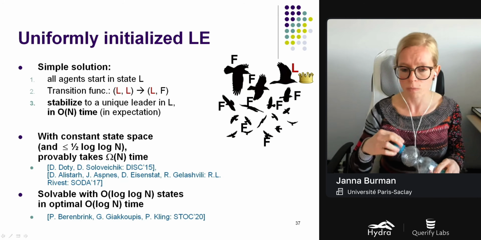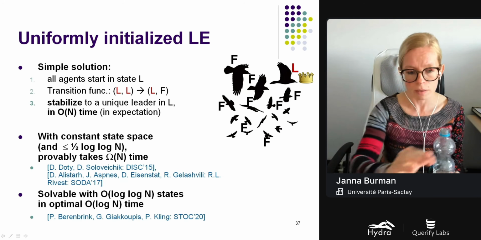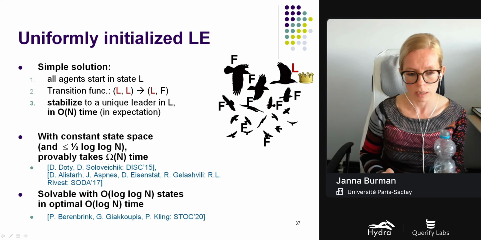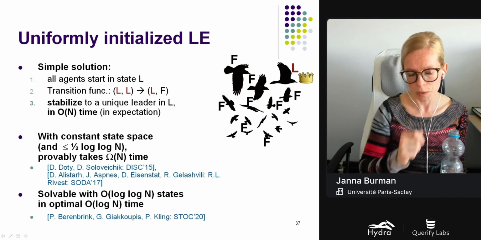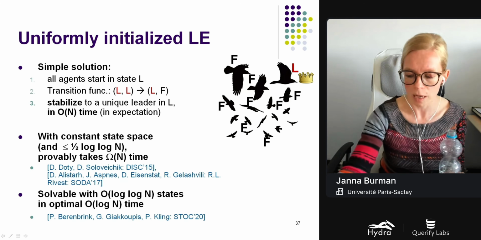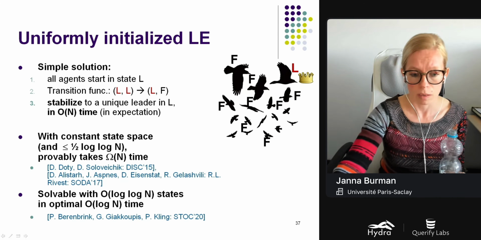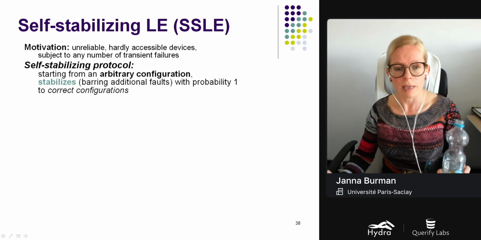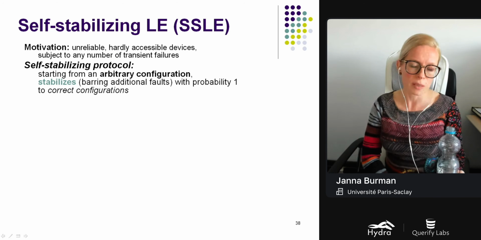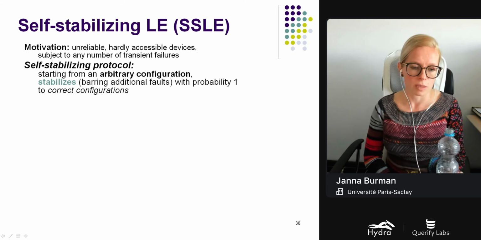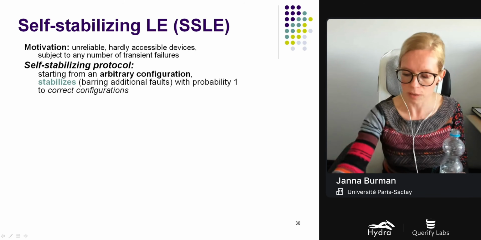There was a lot of work doing that, and it's quite complex to obtain this optimal result. But there was less work about self-stabilization because it is also a bit more difficult.